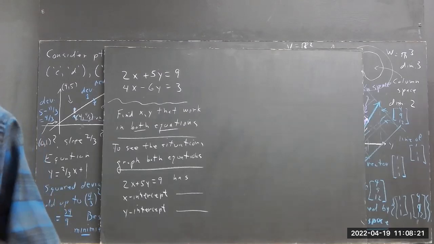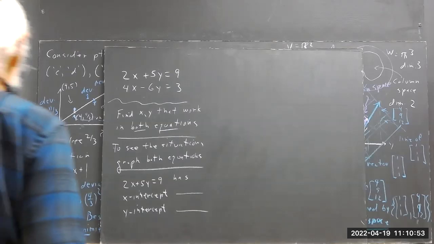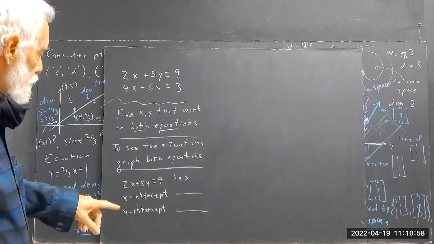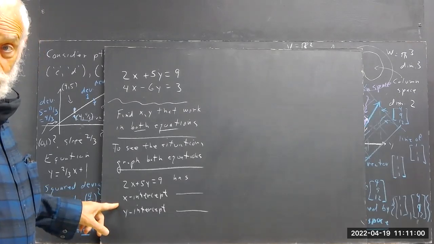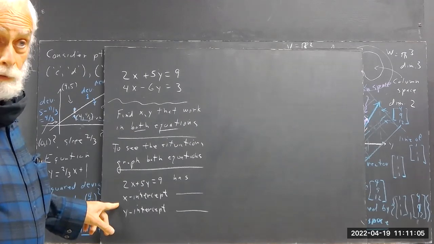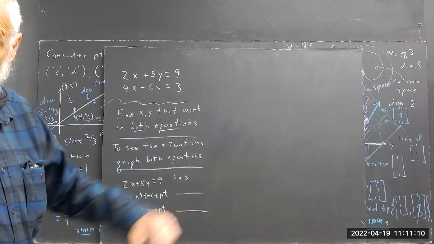And if you don't know that, I'm going to let you ponder it for a couple of minutes before I enlighten you, and then hopefully you'll always remember it because you always have to know. Some people are okay here and some people are less okay. How do you find the x-intercept? The x-intercept occurs when y equals 0, because the x-intercept is on the x-axis and y equals 0 on the x-axis, right?